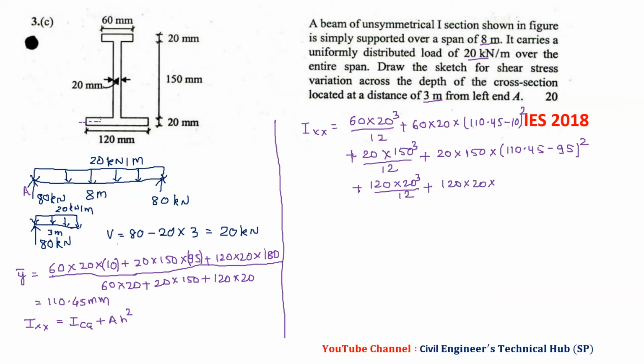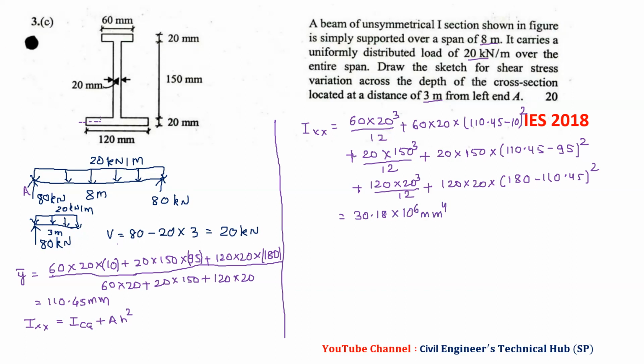Now we have this value 180, which is greater than y bar, so 180 minus 110.45 square. This gives us the value of Ixx equal to 30.18 into 10 raised to 6 millimeter to the power 4.